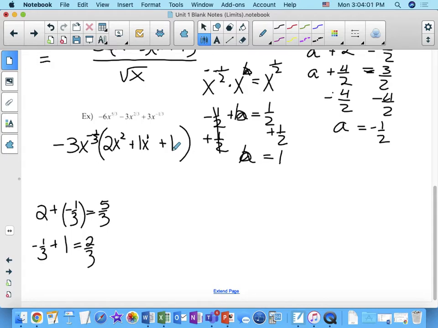Okay, can this factor further? 2x squared plus 1x plus 1? Yes. Oh, this should be minus. You're right, that's a plus. Thank you. Now it factors, yeah. Good, yep, now it can factor.